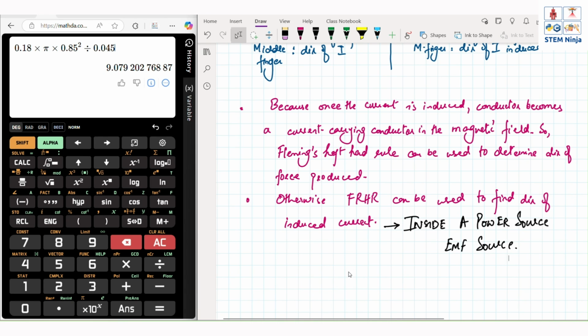So as we said, current inside an EMF source goes from low potential to higher potential.